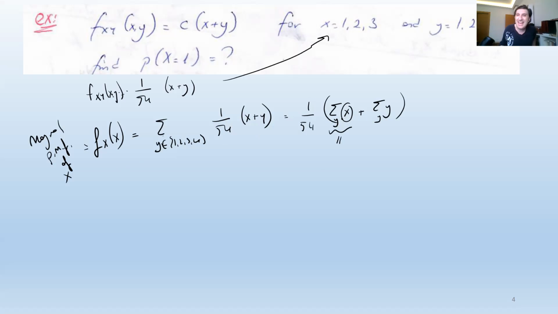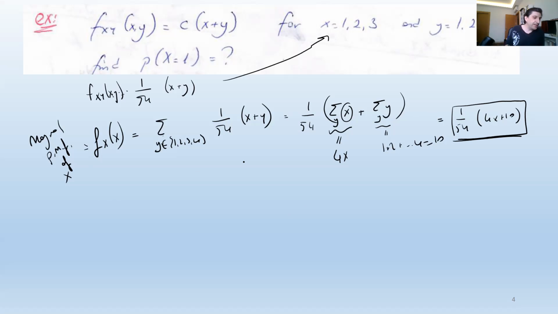Therefore, we are going to be adding the x value 4 times, so it's going to be 4x. And this one is going to be 1 plus 2 plus 3 plus 4, which is going to be 10. So the result is going to be 1 over 54 (4x plus 10). This is going to be our marginal probability mass function of x. Actually, to make it a little bit nicer, we can write it like (2x plus 5) over 27.